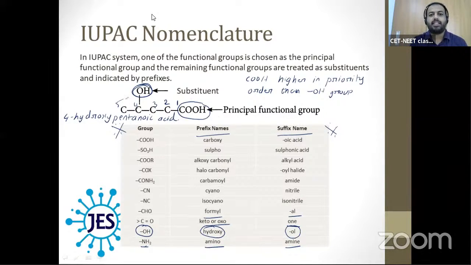If carboxylic acid is the main functional group, then it will get the usual suffix name. The suffix we use for functional groups, we must use the same suffix here.